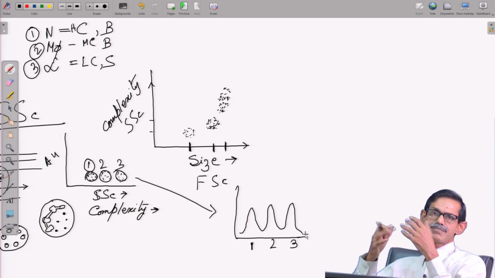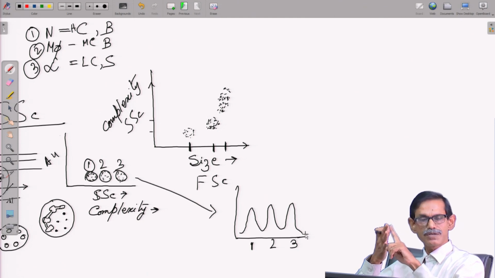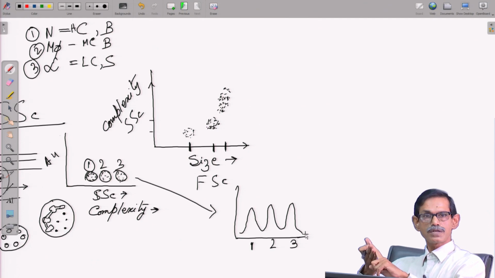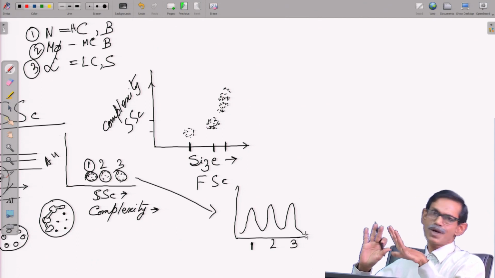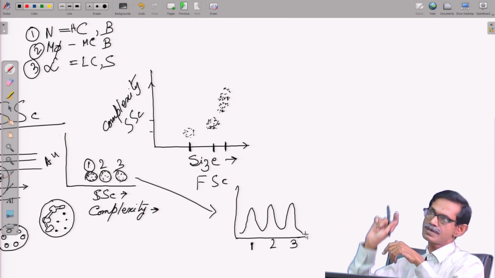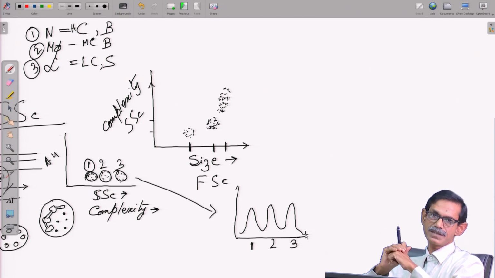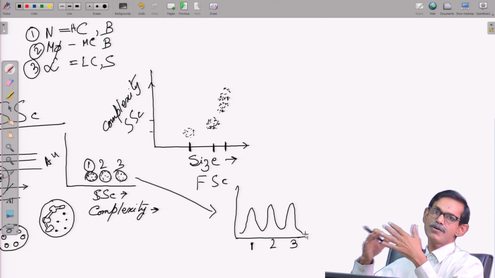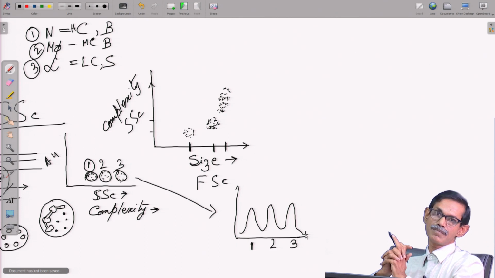So, you can have a dot plot, you can have a histogram plot, you can have a contour plot, okay, a density plot, whatever kind of plot you want, you just have to click in the right place in the computer software or the program. The cells will go through and all data is stored. Now, it is up to you which way you want to count.